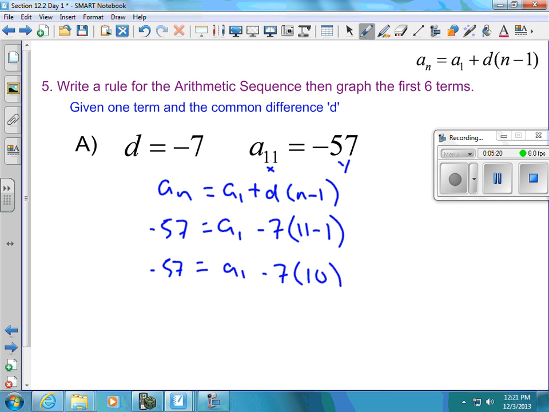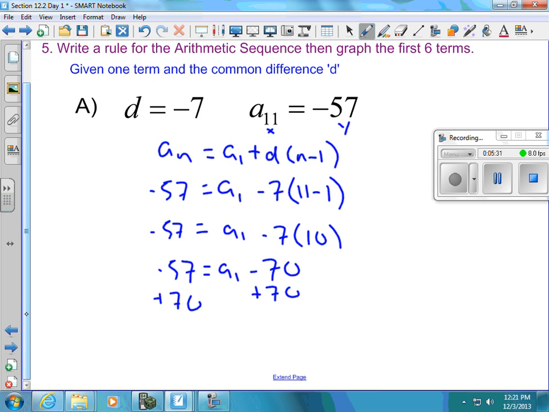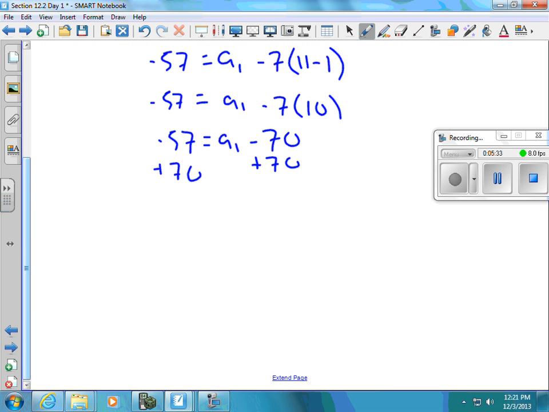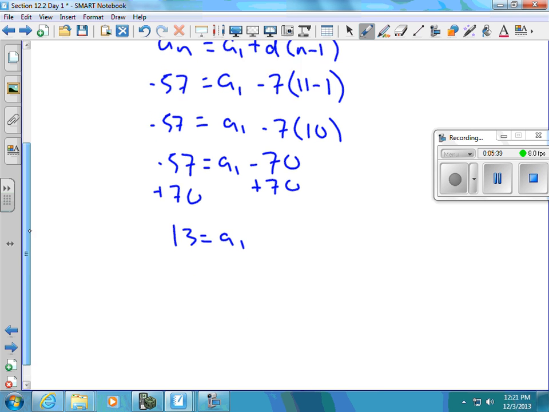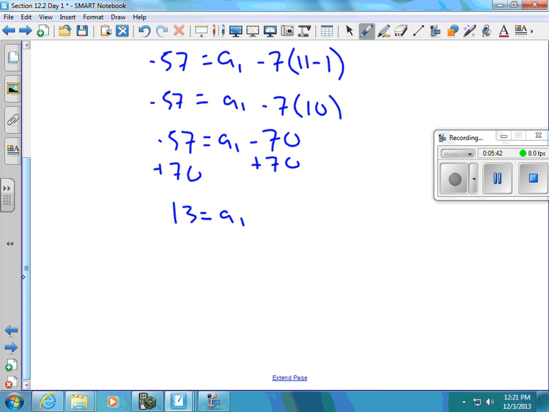So that's negative 7 times 10, with a sub 1 there. Negative 57 equals a sub 1 minus 70. Add 70 to both sides, and we get 13 equals a sub 1. That's crucial because now we have a sub 1 and a common difference.